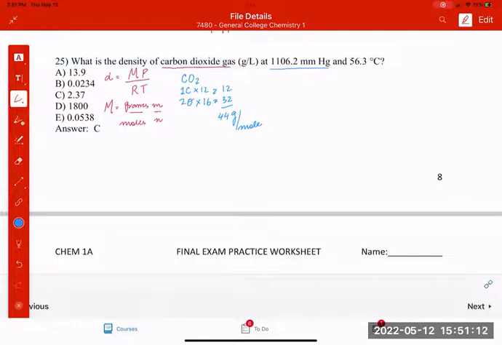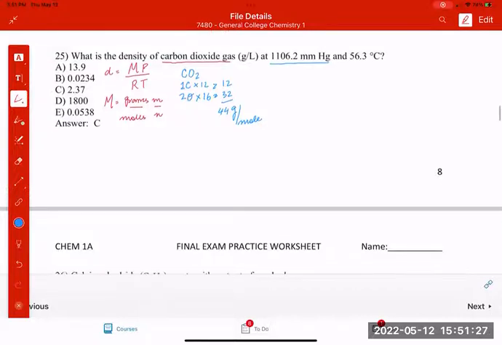So either you change R to 62.4 millimeters of mercury times liter over moles K, or you convert this: 1106.2 millimeters of mercury times 1 ATM over 760 millimeters of mercury. 1106 divided by 760 gives 1.45 atm, and you use this number.